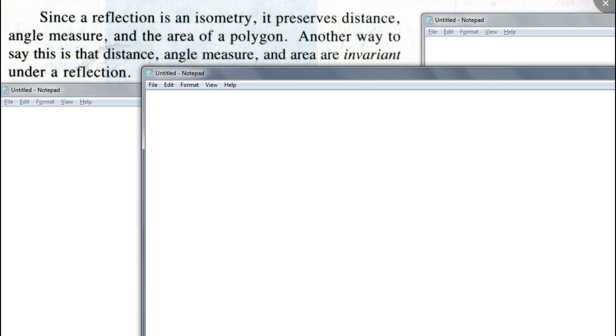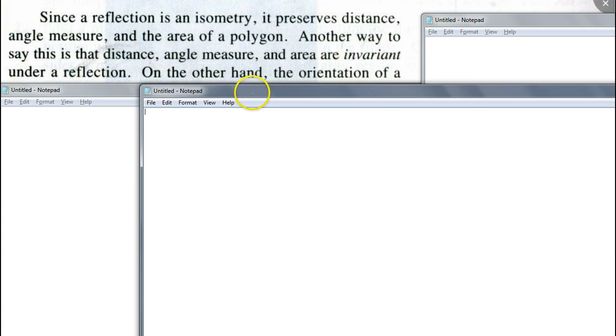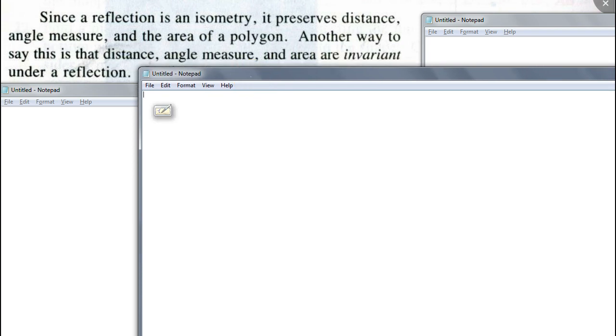Invariant. What do you think invariant means, guys? Not changing. Yeah, it doesn't change. Okay, so another way of saying that the area, distance, and the angle measure don't change, right? We use the word invariant. But turns out, there's one thing actually.